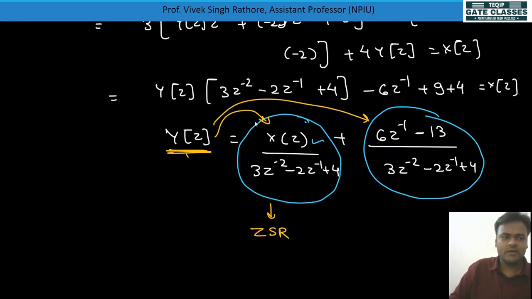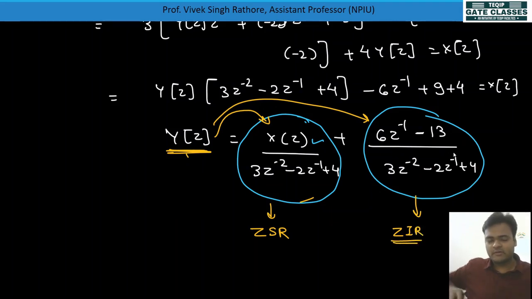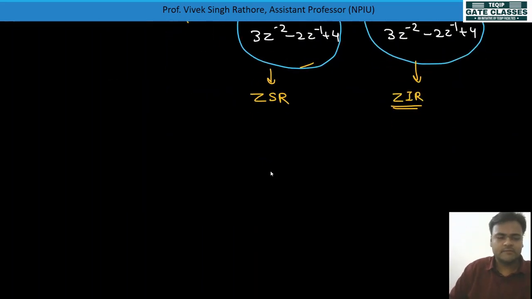This portion, having no input, is called the zero input response. It is part of the response and it has no input, that is why it is called zero input response, and this is called zero state response.